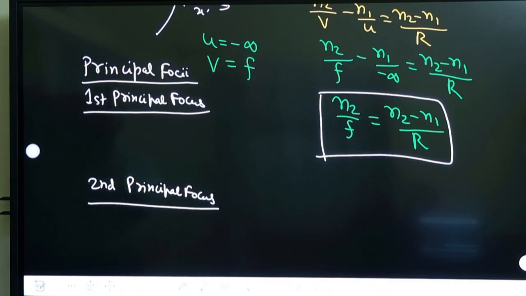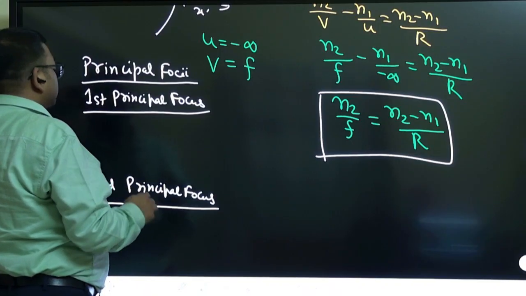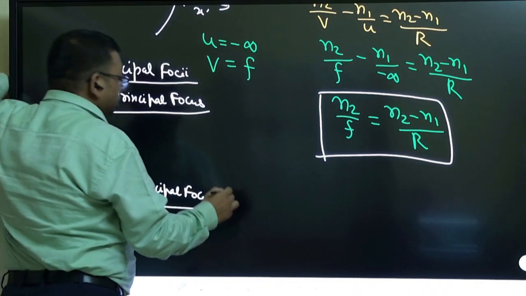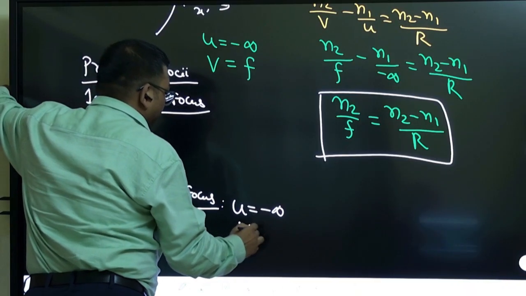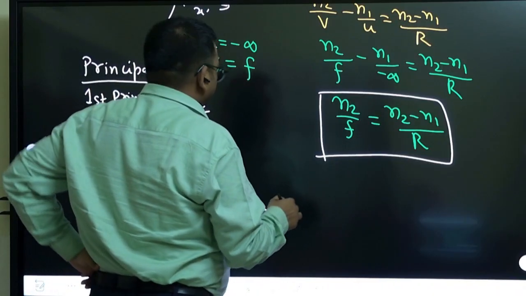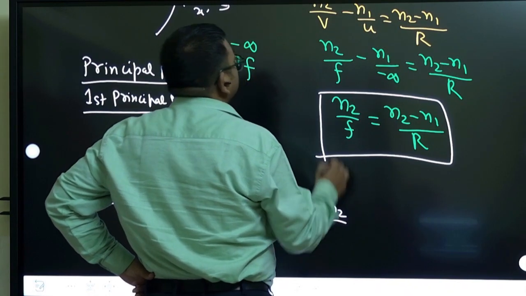If I consider the second principal focus, let us call it f2. So I keep u as minus infinity, and v I have to keep as f. Then use the same formula.